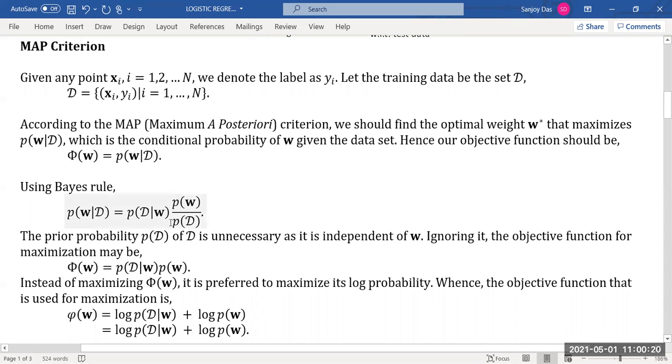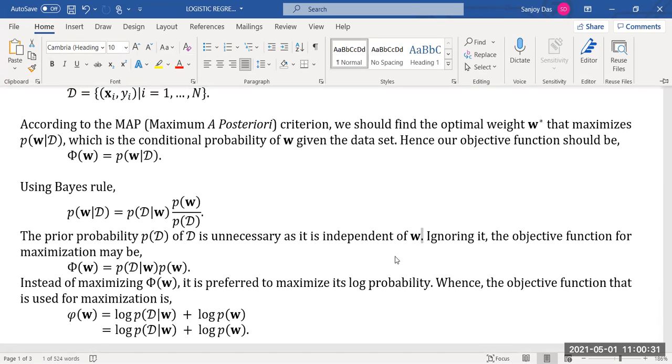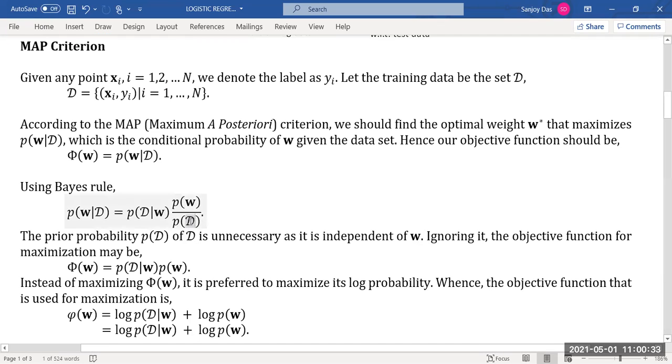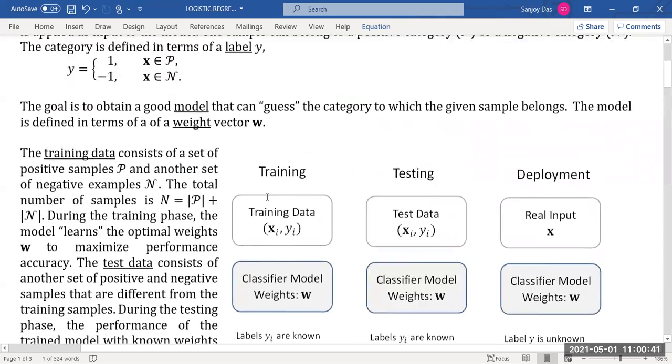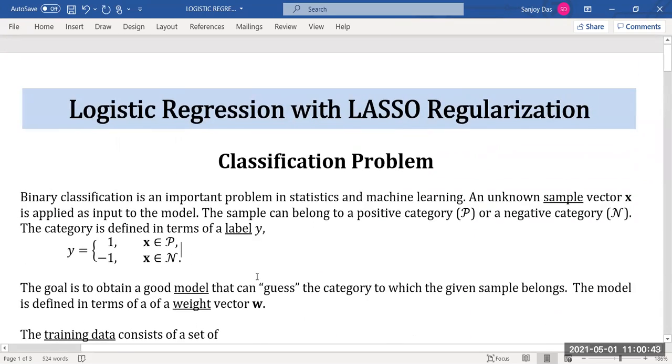Now, this P of D is independent of W. It doesn't have W in it, right? So we can simply ignore this. What's the probability of this data? Well, we already have the data, right?